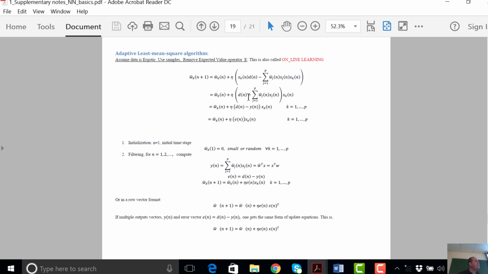So removing the expected value gives a technique that works in practice, and you don't need to compute the expected value offline. You can just assume that over time you are estimating an average of this quantity, which is really the expected value of this quantity. What is this quantity? The gradient descent translates to a product of the error signal at the output and the incoming sample.